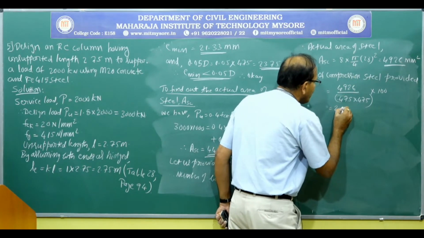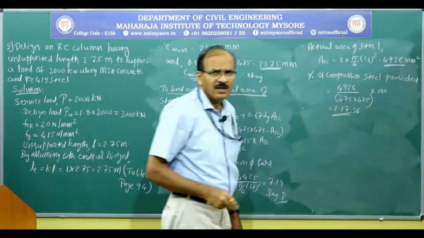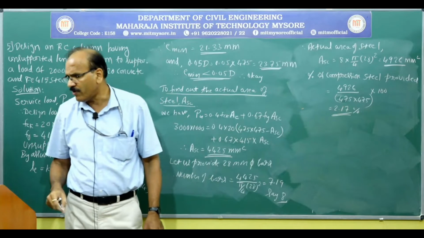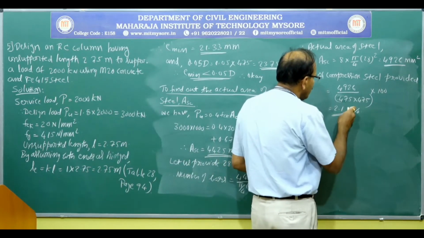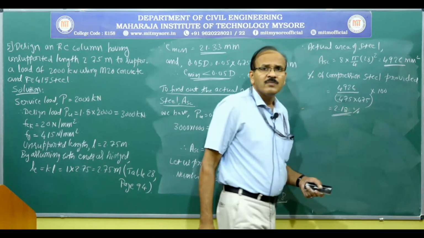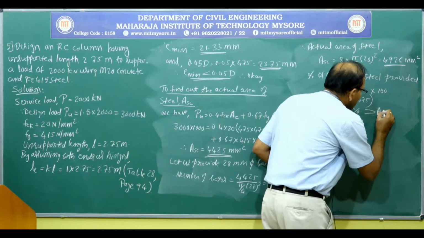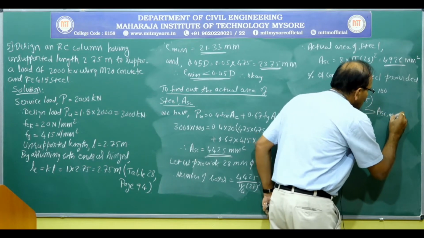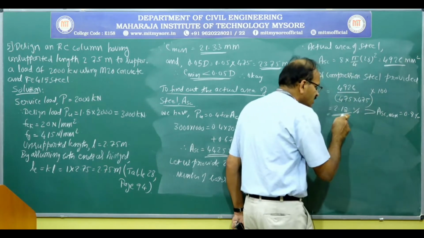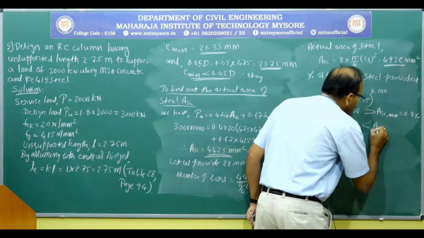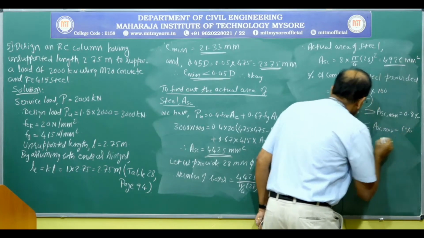That is equal to 2.18%, the actual percentage of steel we are providing. So this is greater than Asc minimum, that is equal to 0.8%, and again this is less than Asc maximum, that is equal to 6%.